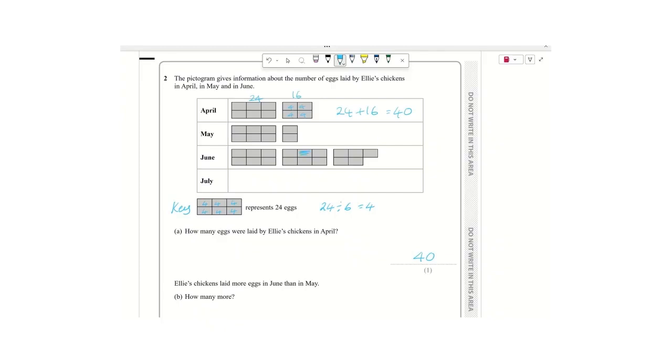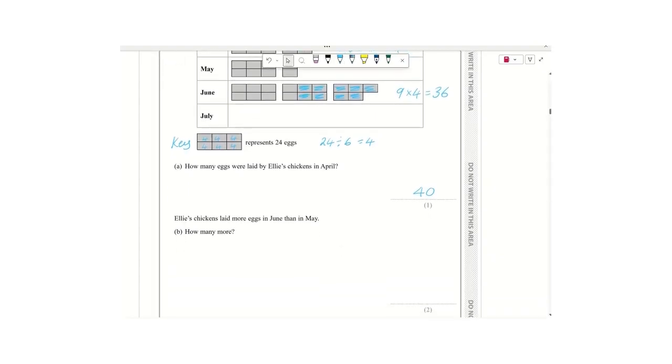So the extra ones that were laid in June are these ones that I'm shading in blue now. So I've shaded 1, 2, 3, 4, 5, 6, 7, 8, 9, and we know that each of those little ones is worth 4, so 36. So she laid 36 more eggs in June than in May.